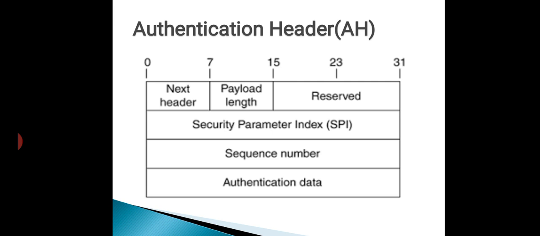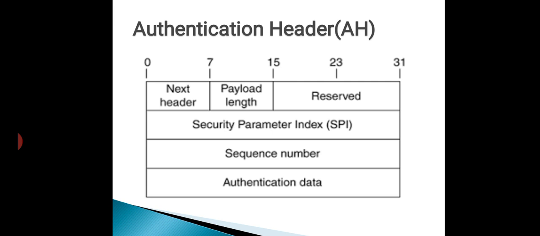Data integrity services ensure that data inside IP packets is not altered during transit. Authentication service enables an end user to authenticate the user at the other end and decide to accept or reject the packet accordingly. Authentication also prevents the IP spoofing attack.